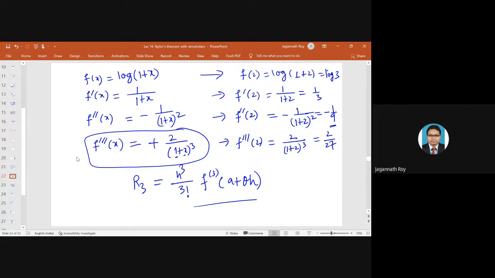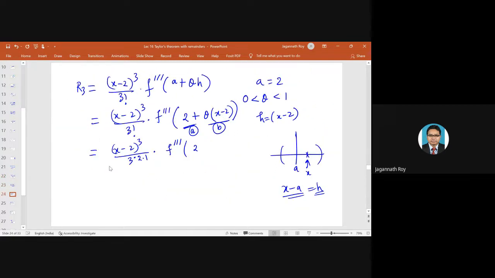In place of x, what we have now, just to recall, we have f triple dash x equals 2 by 1 plus x cube. Okay, so here we'll write.